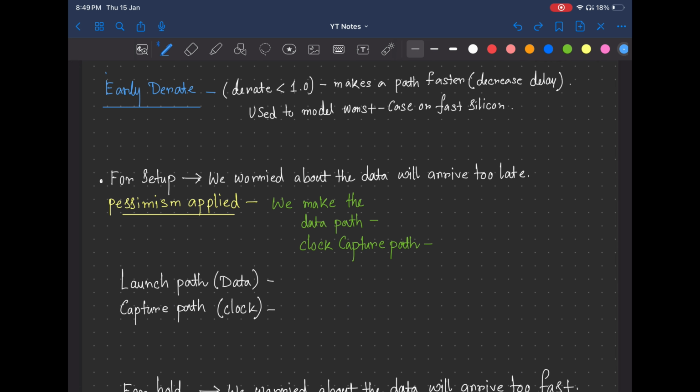For that we need to understand what pessimism we apply for setup time. When we talk about setup time, we are worried about the data arriving too late. So the pessimism here is that we make the data path as slow as possible.